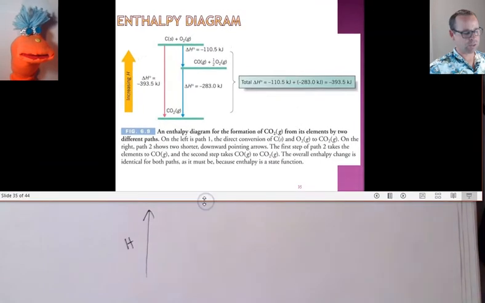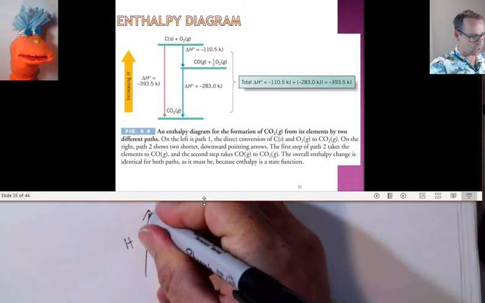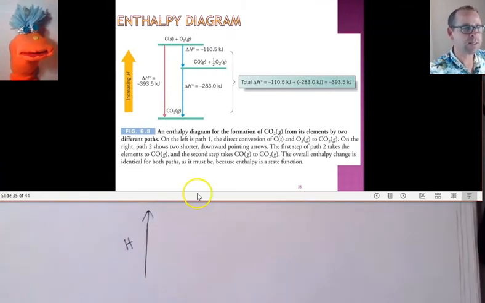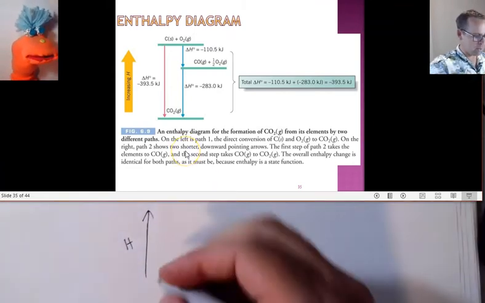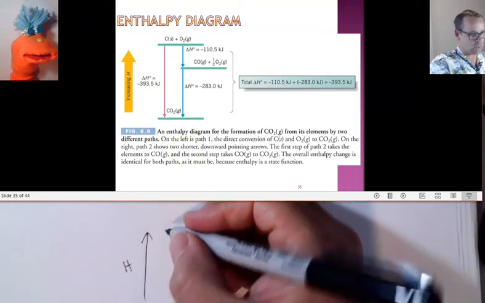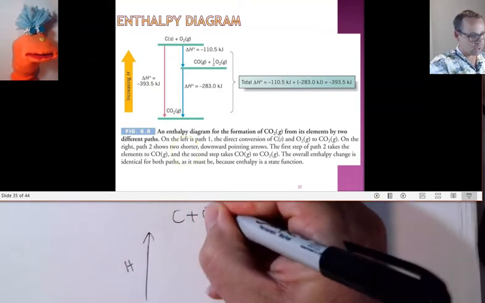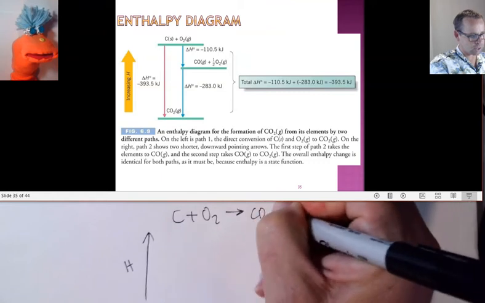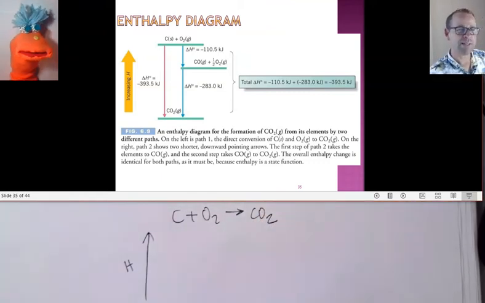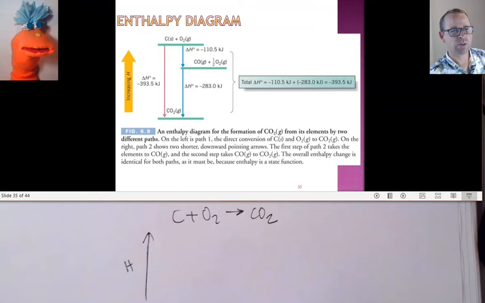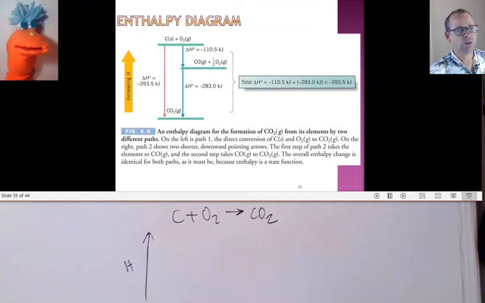And what we want to see for an enthalpy diagram like this is that if you have a chemical reaction, in this case carbon combining with oxygen to form carbon dioxide, and we said that the energy of the carbon dioxide was what, higher or lower?